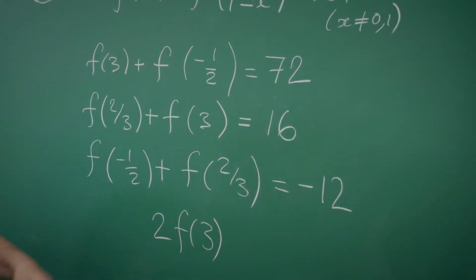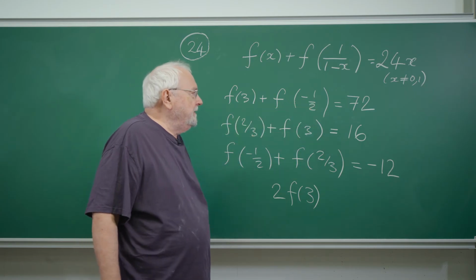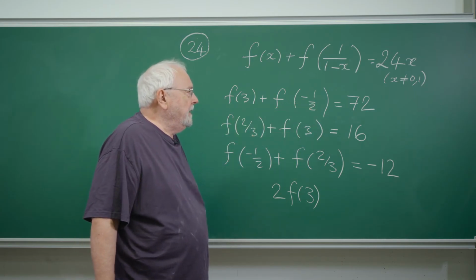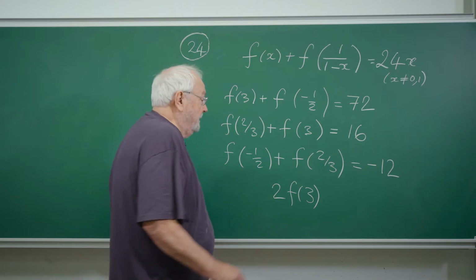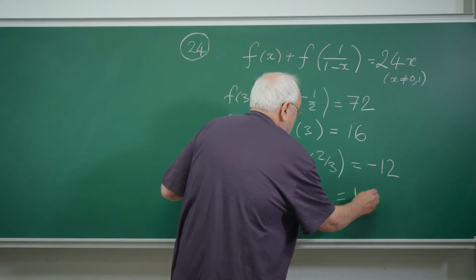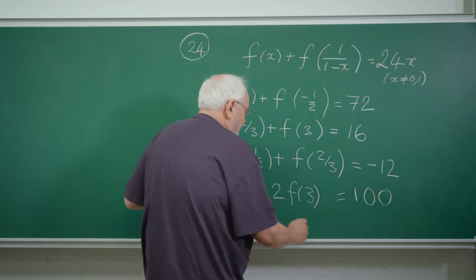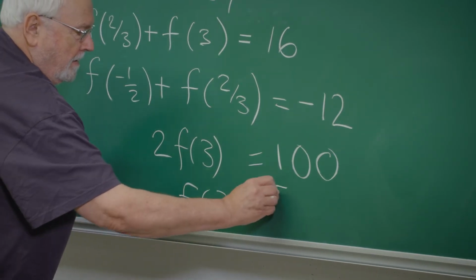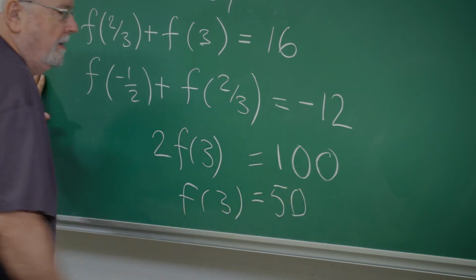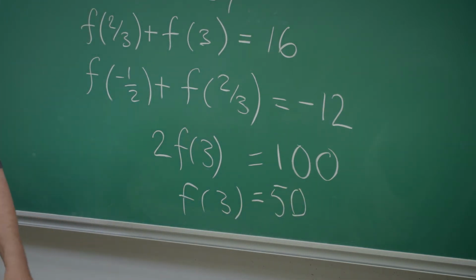On the other hand, if you add up 72 to 16, you get 88, and you subtract minus 12, you get 100. From which it follows that f of 3 is 50.